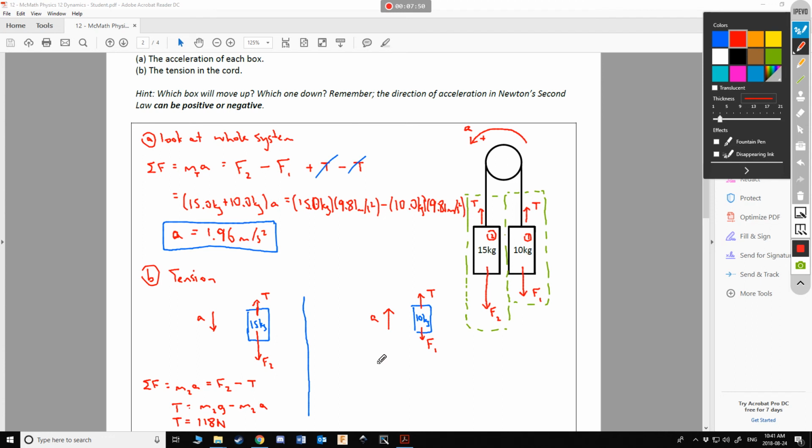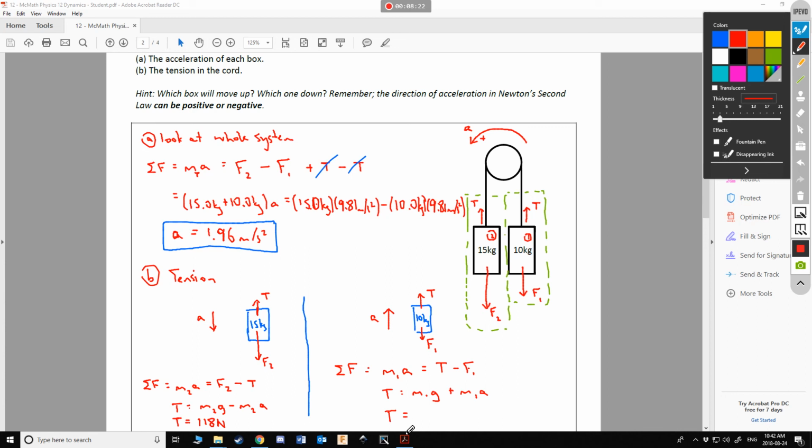that's when problems occur. So the sum of the forces is equal to mass times acceleration. This 10 kilogram block we call M1. In this case, because acceleration is up, I like to think of the direction of acceleration as positive. So I have T minus F1. You can see that T is going to equal M1G plus M1A.